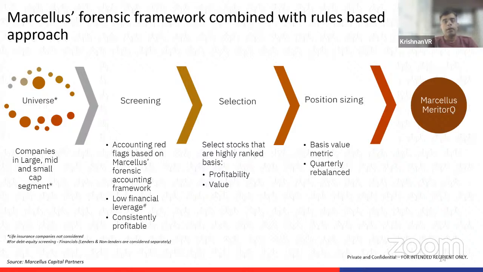But again, there are strategies which you can invest in to get the benefit of that. But MeritorQ is not that. The simple reason is, like I said, we are looking at companies which have at least a decent track record.